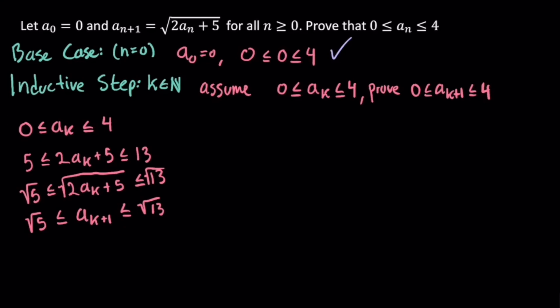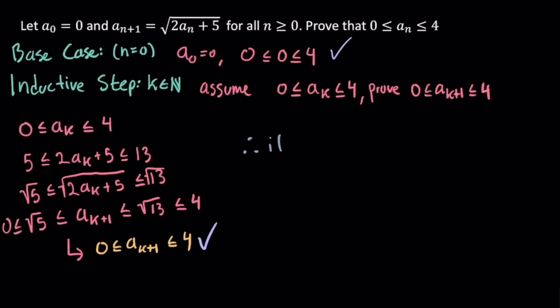And in fact, we know that 0 is less than this, and root 13 is in between 3 and 4, so this is less than or equal to 4. And then we can conclude that 0 is less than or equal to ak plus 1, less than or equal to 4, which is just our inductive conclusion. So we've proven that. We can write our concluding statement now.